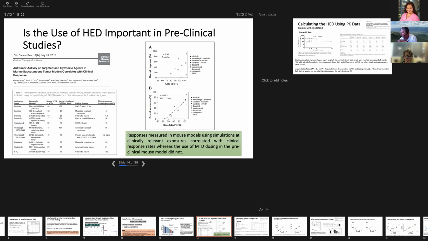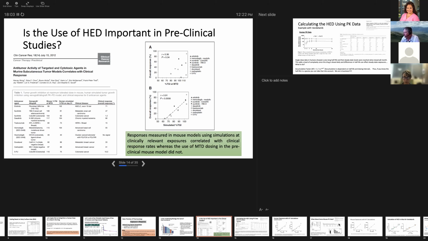And I've sat in a lot of Gordon conferences over the years where people have said, mouse models are not predictive. And I've heard some very good scientists, Pete Houghton's the primary one, tell them that's because you don't know how to use them. And I think that this data really starts to get to that, and that you need to use doses that you can actually achieve in the people or the animals that you're treating in the mouse to make the mouse model predictive.